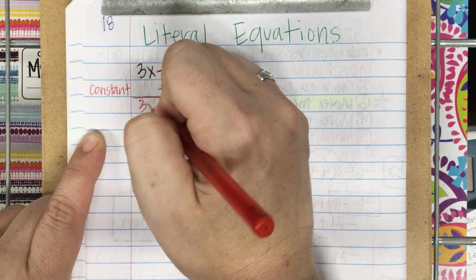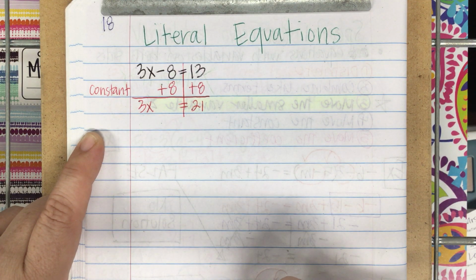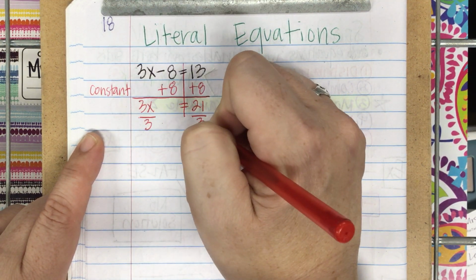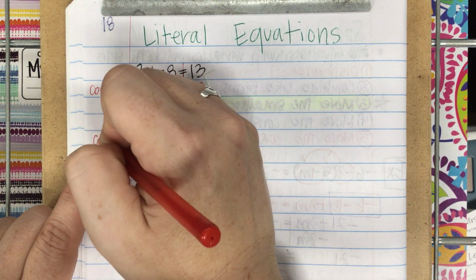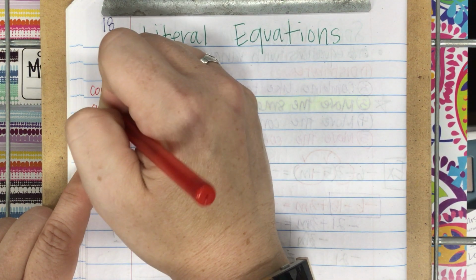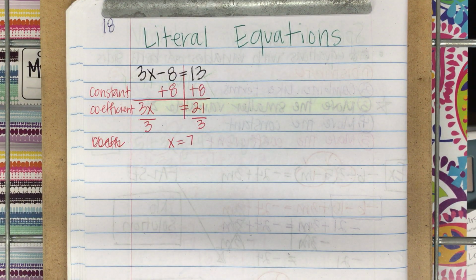And we'd have 3x equals 21. Do you agree? Yes. And then we'd divide by 3, the coefficient, and you'd say it equals 7. Right, so we still have these steps that we follow.